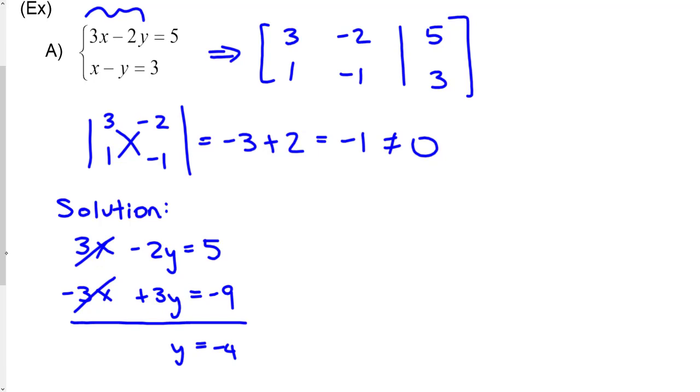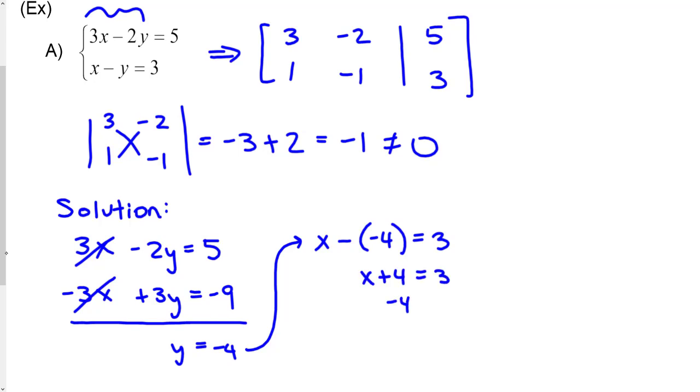Knowing that, I can solve for what x is, just plugging back into either one of the equations. So I'm going to use the second one. So x minus -4 is equal to 3. So this would be x plus 4 is equal to 3, which means I need to subtract 4 from both sides, so that will cancel and leave me with x equals -1.